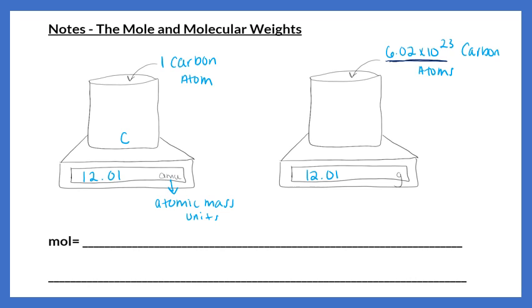6.02 times 10 to the 23rd of anything weighs its atomic mass in grams. Okay, so it's a quantity.